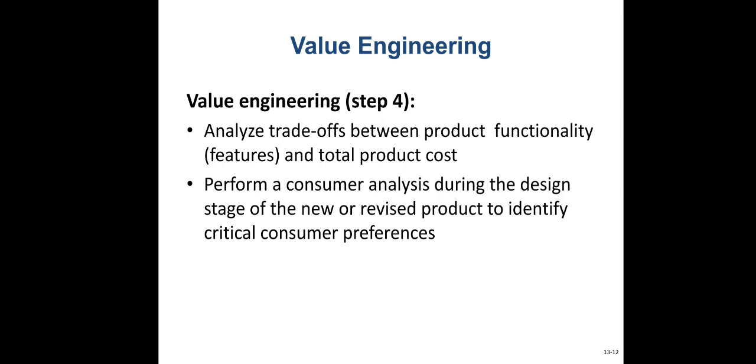For target costing, value engineering, step 4. First point, analyze trade-offs between product functionality or features and total product cost. So most of the time, functionality and features have a positive relationship with the product cost.